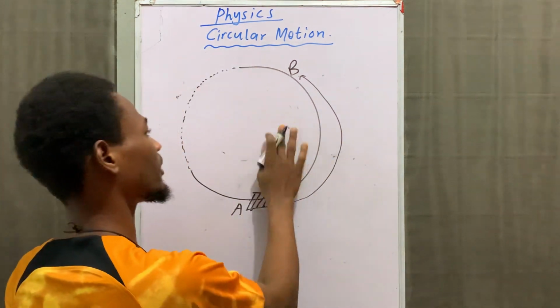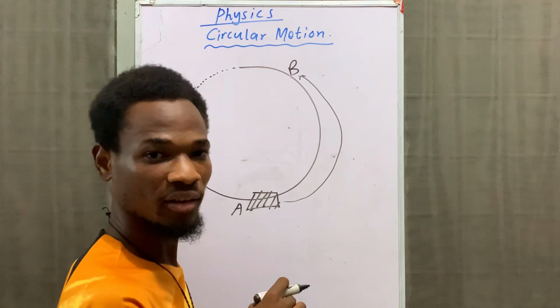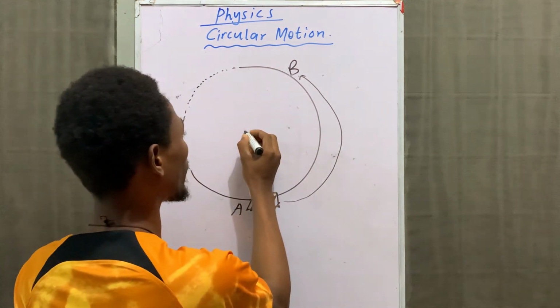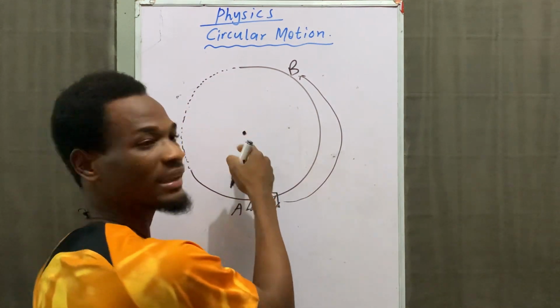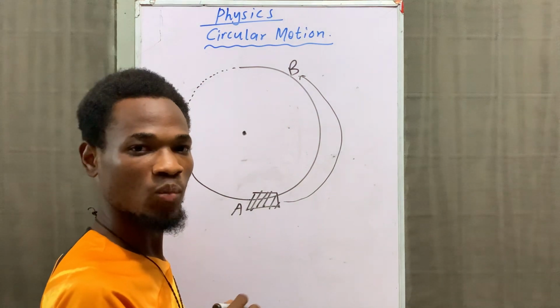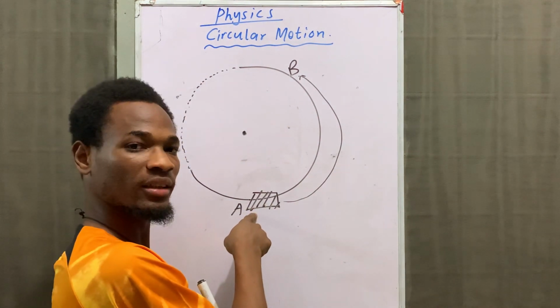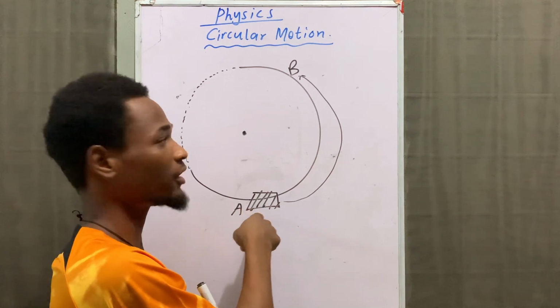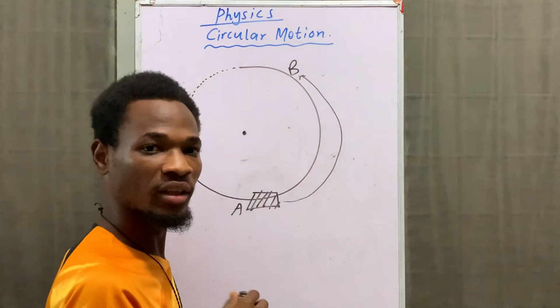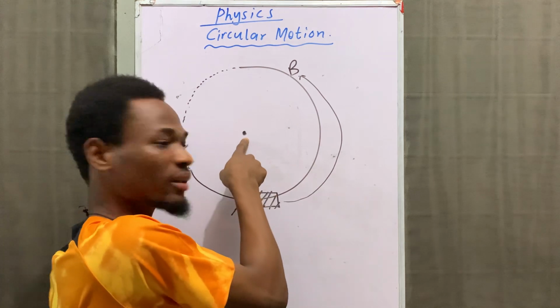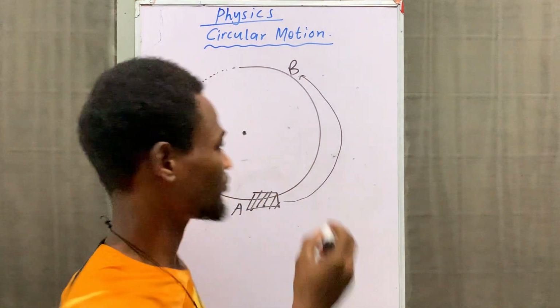Because it's now a circle, I'll place my center here. So in other words, this body is moving from A to B about the center O.